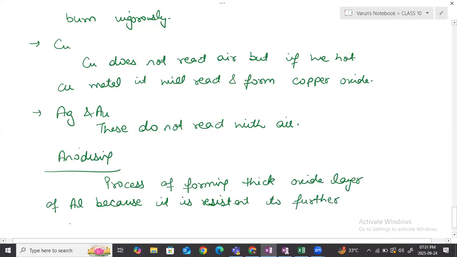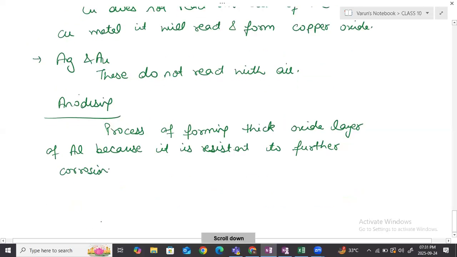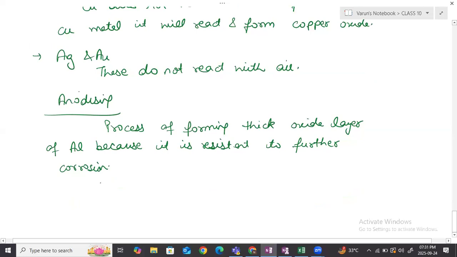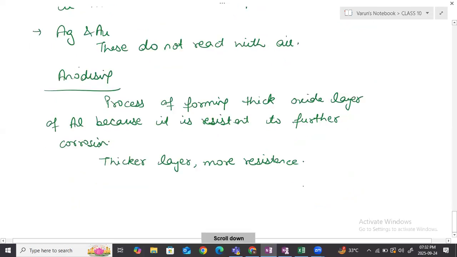Clear? Thicker the layer, more will be the resistance. This is the chemical property of metal when it reacts with air.